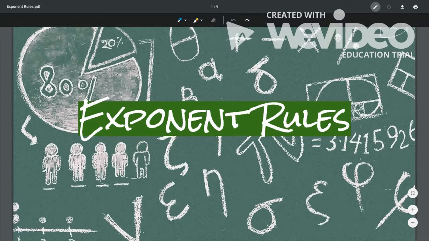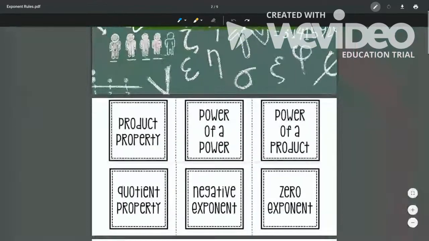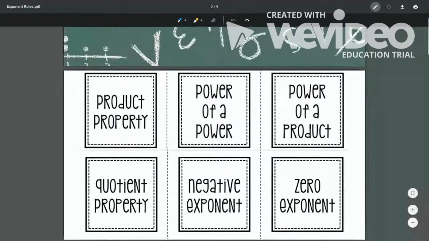Now, if these rules mess with your head or you get lost, one great thing is that about all of these exponent rules right here, these four right here, these are on the formula chart. This one is not, and neither is this one.